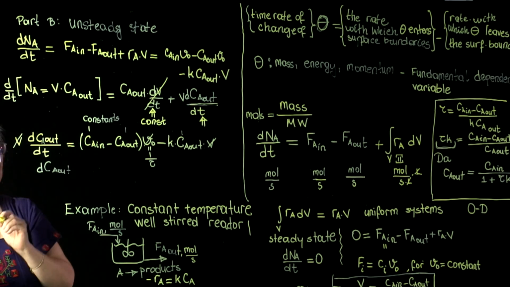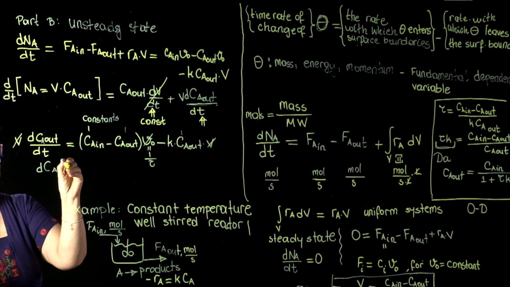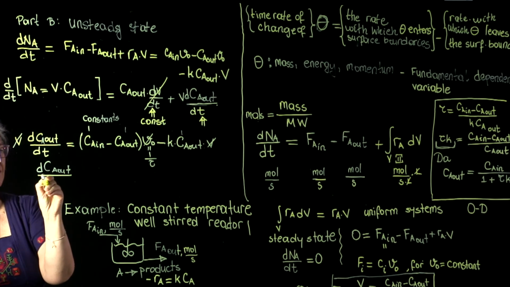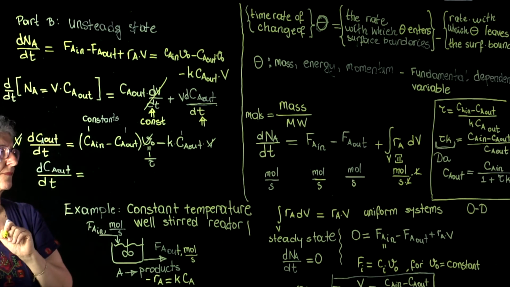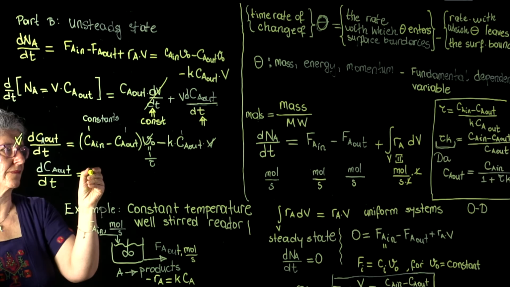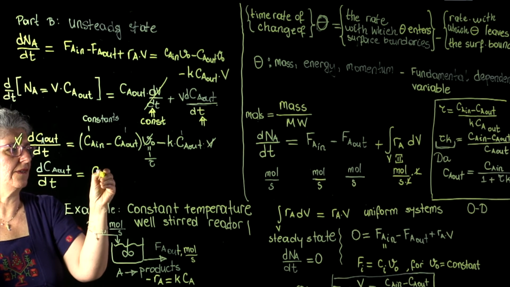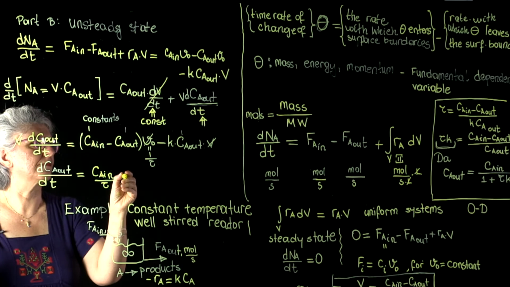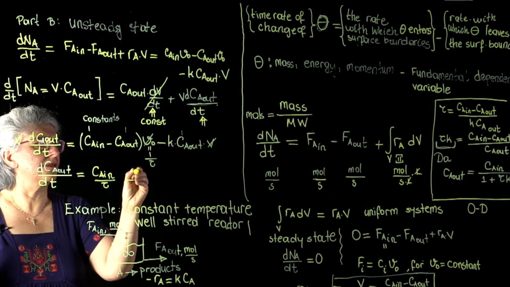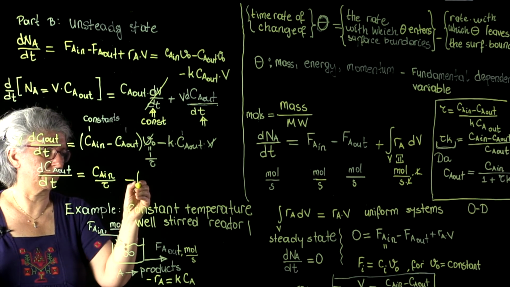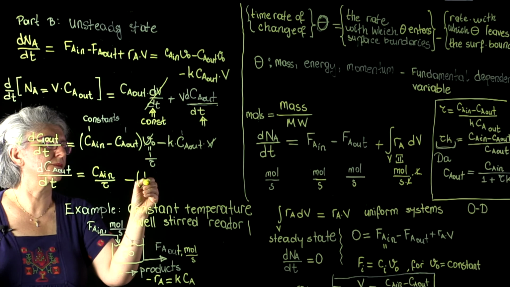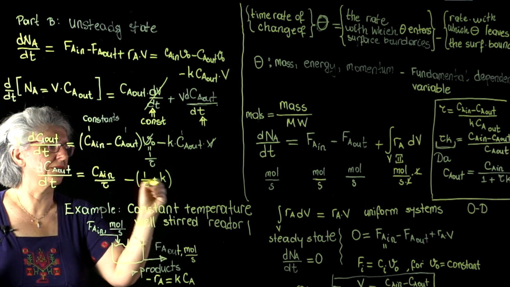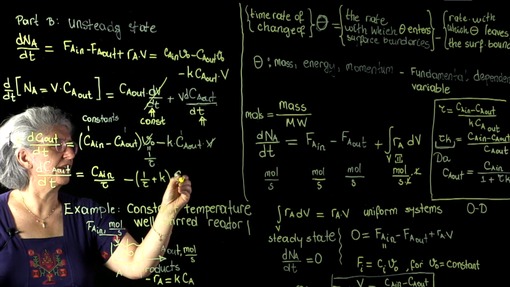This is supposed to be CA out. dCA out over dt equals CA in over tau minus 1 over tau plus K times CA out.